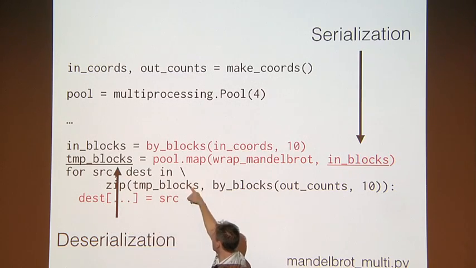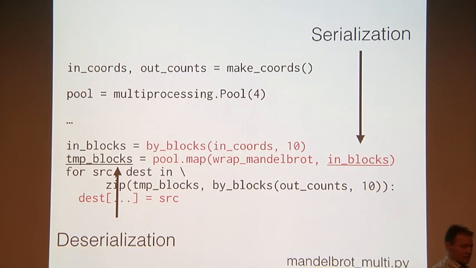So dest right here is the out counts, okay? Is that clear? It's not the cleanest way to do it because of this, especially because of this serialization where I make a new copy and I have to put it into place. Right? Good question.